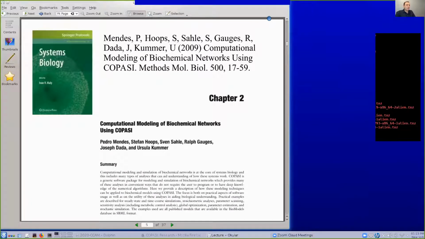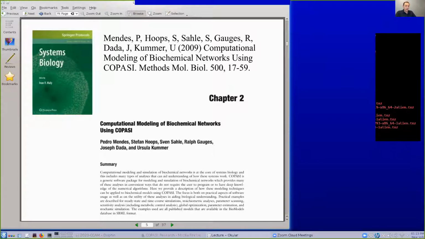Now, for the beginners, I suggest reading this chapter. It is a chapter in the book, and it is a step-by-step tutorial of COPASI. It covers the most basic features of COPASI, and it tells you how to build a model from scratch, how to set up a parameter estimation, and how to do sensitivity analysis. You can follow this chapter.